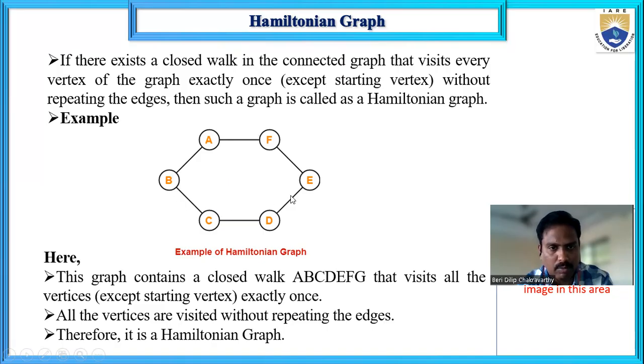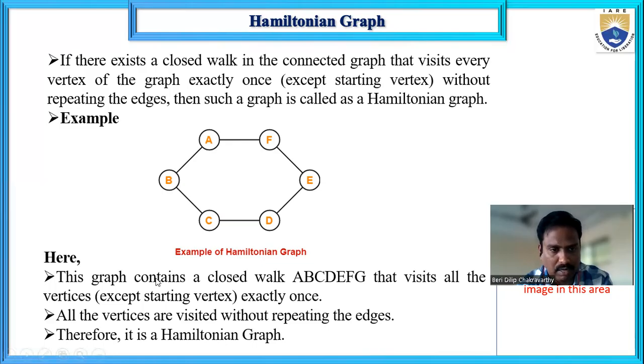From A, I can move to any vertex. From B, I can move to any vertex. From C, I can move to any vertex. But the walk visits every vertex exactly once. So we'll call it a Hamiltonian graph.